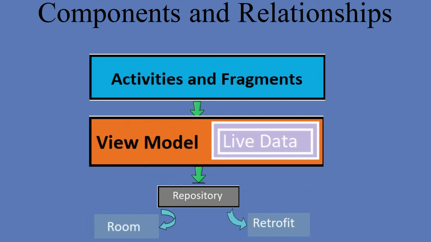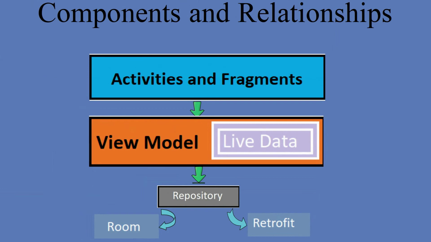So the activities and fragments only have presentation code. They only know how to show the user what the user needs to see and handle UI events. The view model knows about the data, but doesn't know how it is being used by the activities and fragments, and it doesn't know where the data is coming from. The repository knows where the data is coming from, but not how it is going to be used.